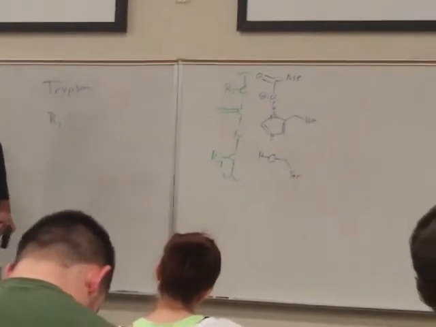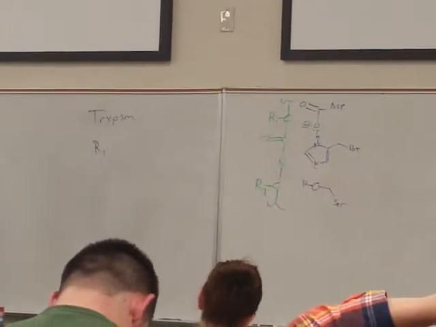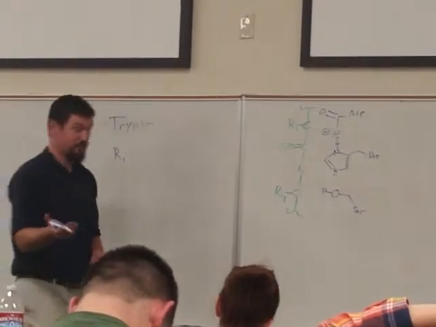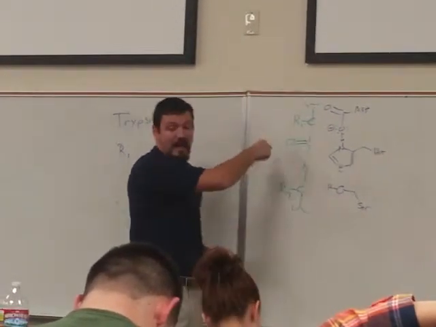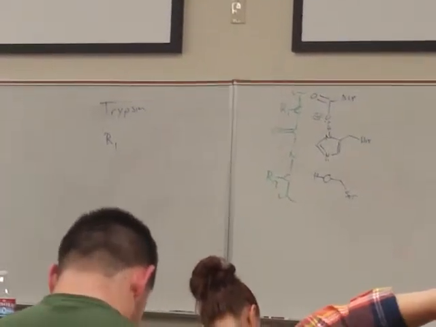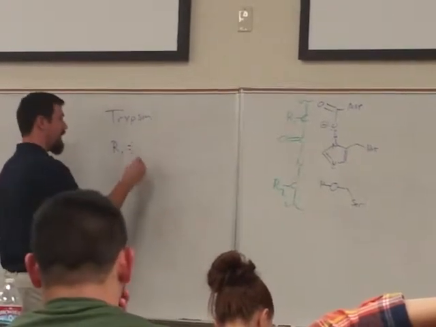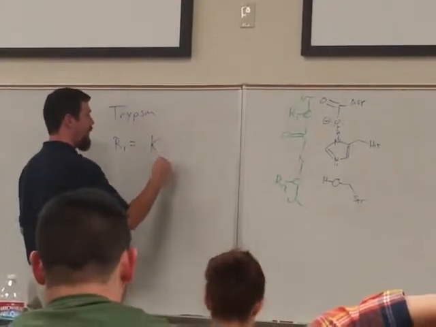Where does trypsin cut? On the C terminus of positively charged residues. So R1 will be lysines, arginines, right? That's where its specificity is, okay? So that would be equal to K and R.